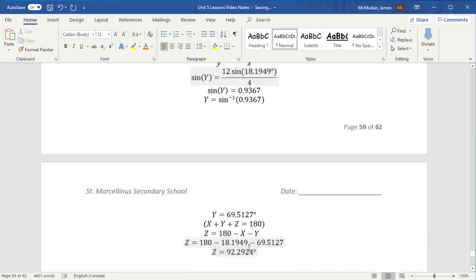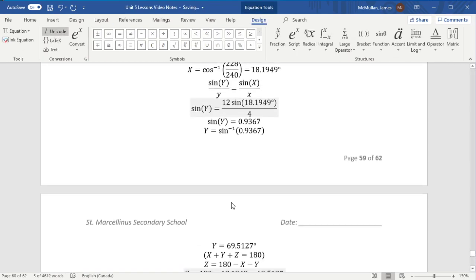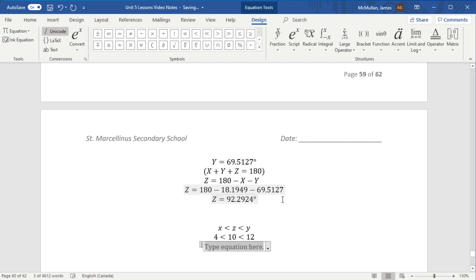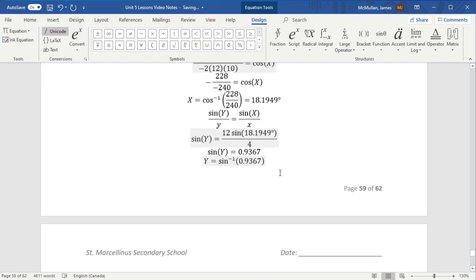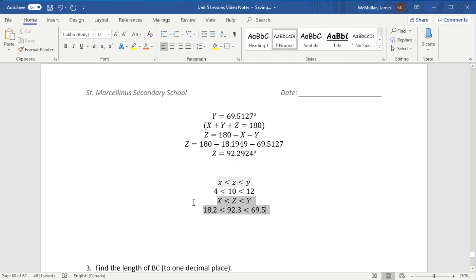Right? So we know that x is less than z is less than y, because 4 is less than 10 is less than 12. But according to the angles I just solved, it should be true that angle x is less than angle z is less than angle y, except we found this was 18, this was 92, and this was 69.5. And this is obviously wrong, right?